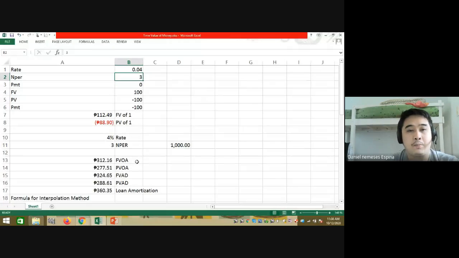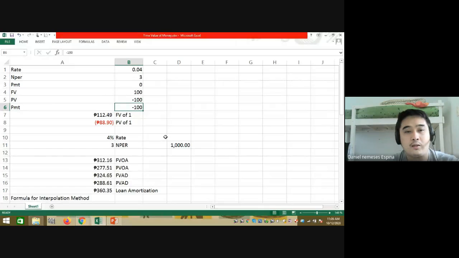The payment is expressed as negative because again this is a cash payment, a cash outflow. So that's why I put negative here. All in all, you are paying 300 pesos. Each year 100, in the second year 100, third year 100. So you have total payments of 300 pesos.